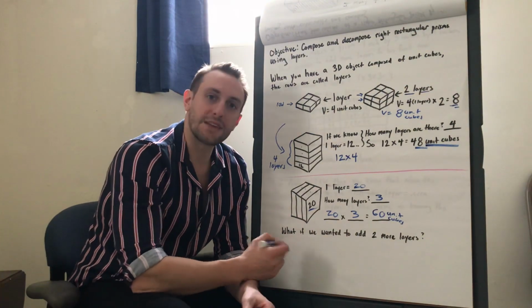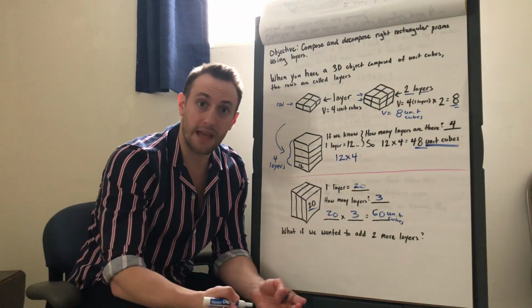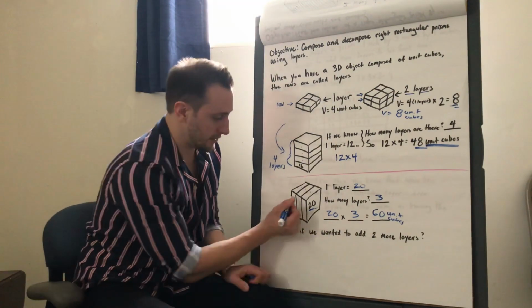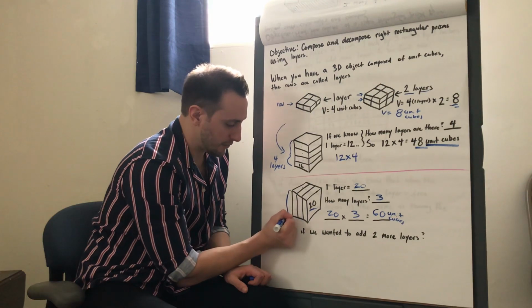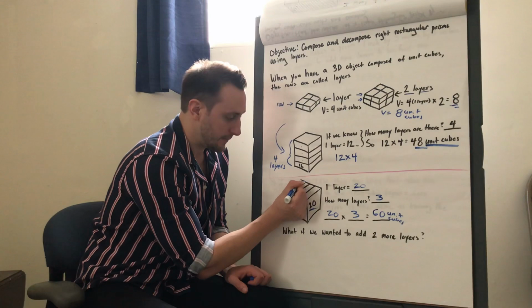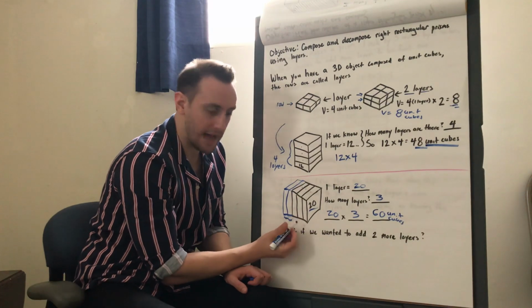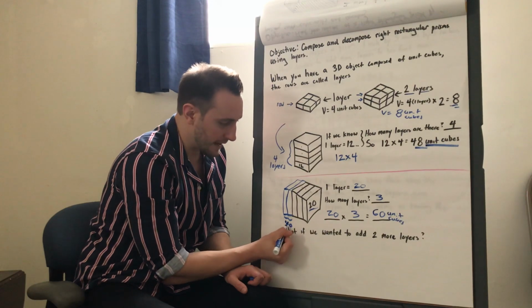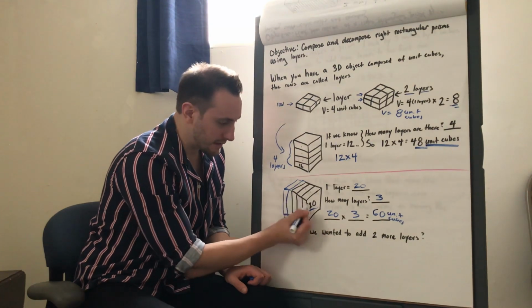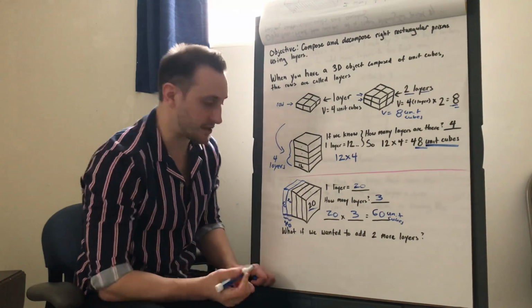So what if we wanted to add 2 more layers? Suppose we have this object, and now I wanted to add on 2 more layers. So let's go ahead and just add on 1 more layer. That's another 20. 2 more layers, how many is that? Well, that's 40, because if 1 layer is 20, then 2 layers is 40.